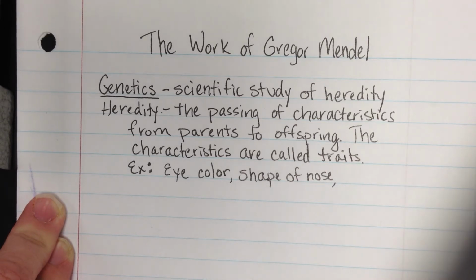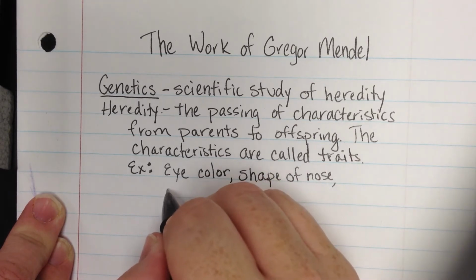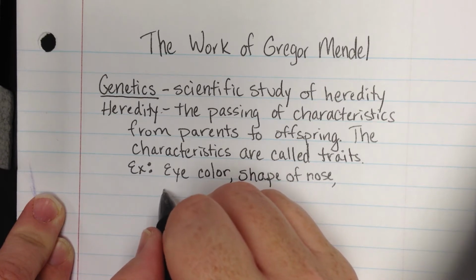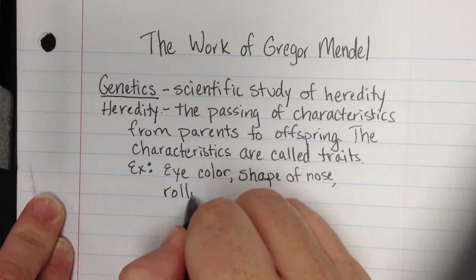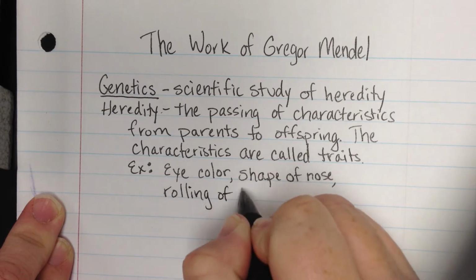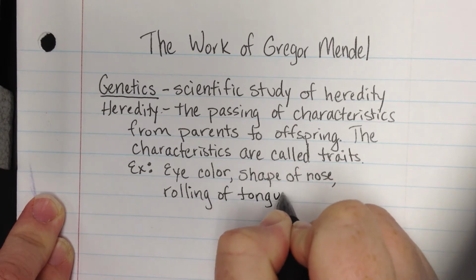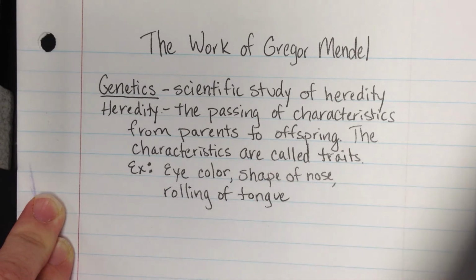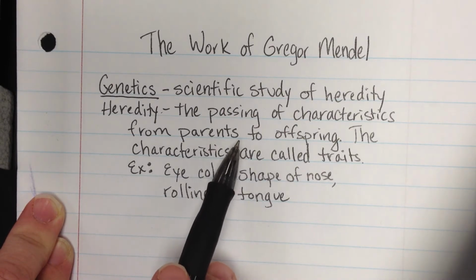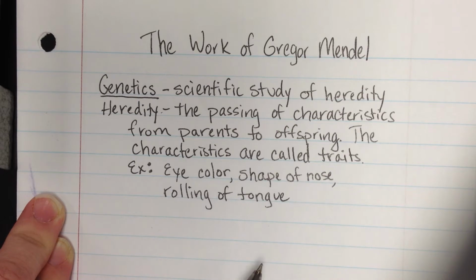Another one would be, can you roll your tongue or not? So I'm going to say rolling of tongue. So there's thousands of different traits that you inherited from your parents. We're just talking about a few of those, but all living things inherit or pass down characteristics or traits from one generation to the next.